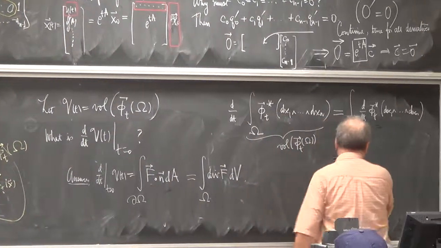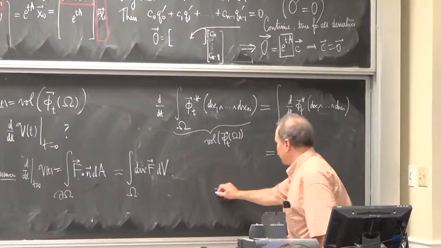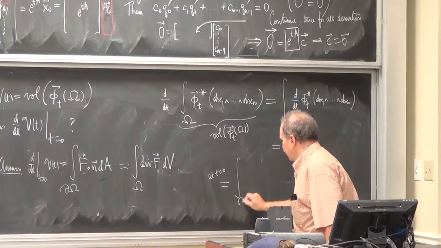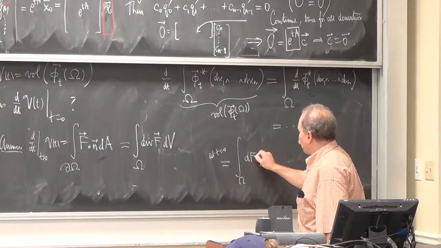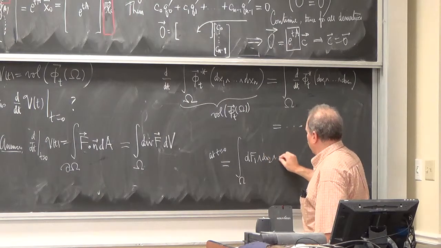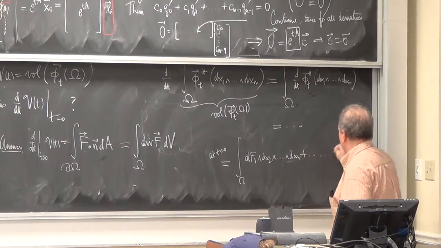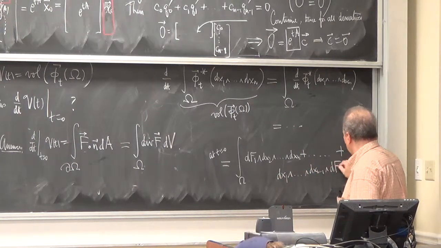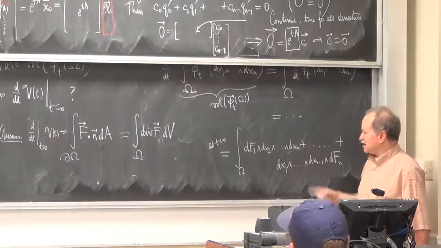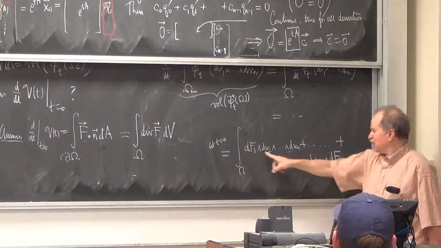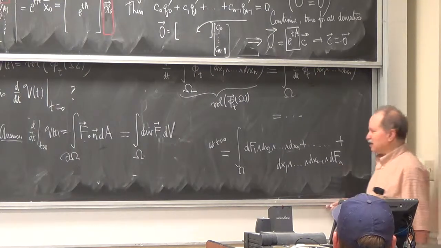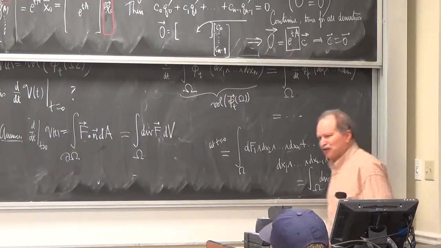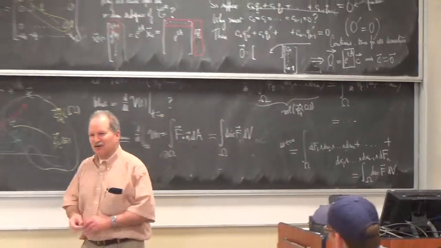And I'm not going to continue at this point, but it turns out that the answer, if you compute it at t equals 0, you're going to get exactly df1 wedge dx2 wedge up to dxn plus all the terms up to differentiating the last component of the vector field. And if you think about this, this is going to do the x1 derivative of f1 up to the nth derivative of xn, and that's going to be the divergence. So if you're interested in this, after the semester's over, read the page of proof in the book, or half a page of proof.